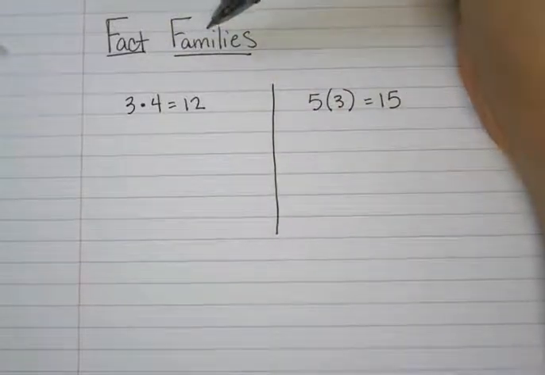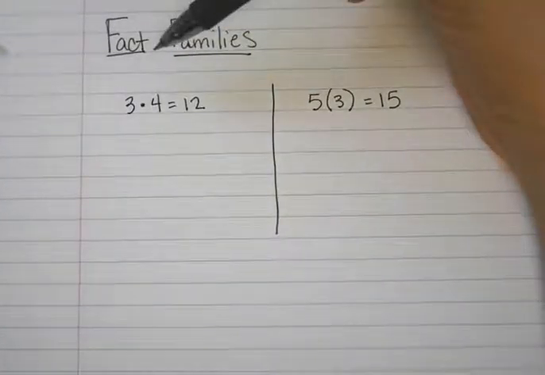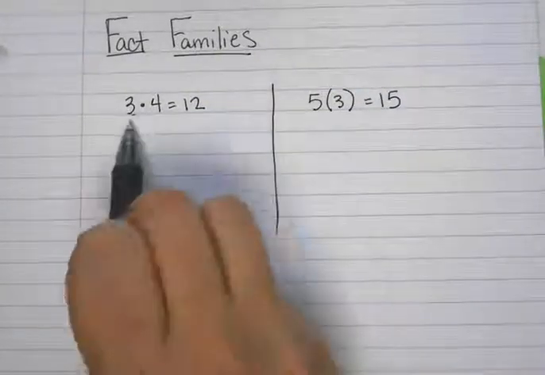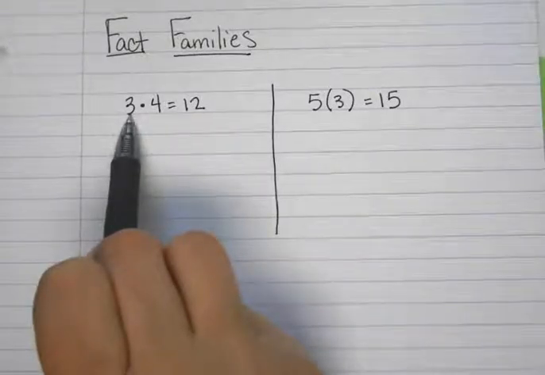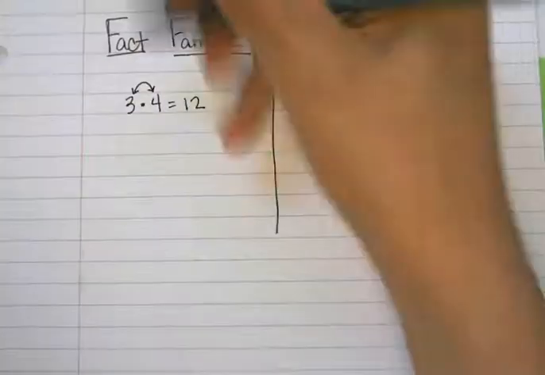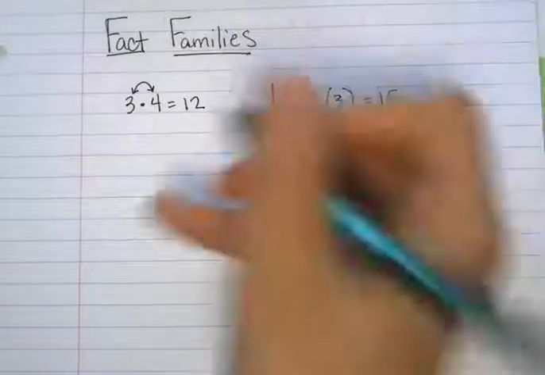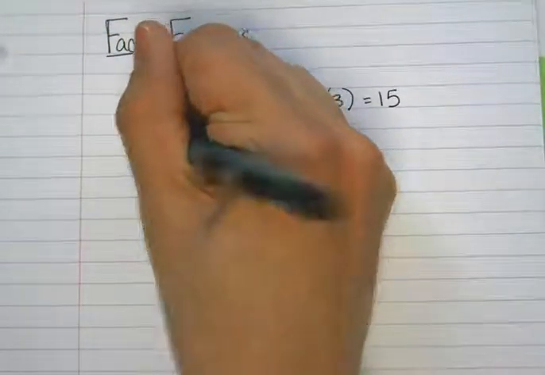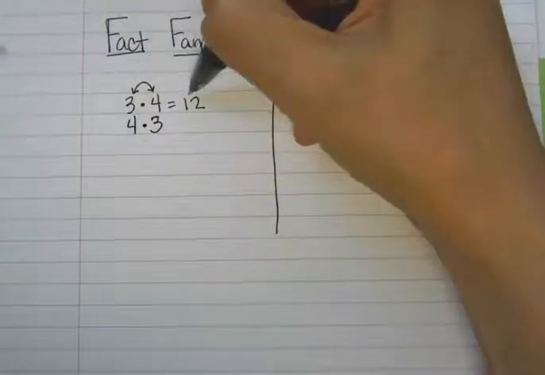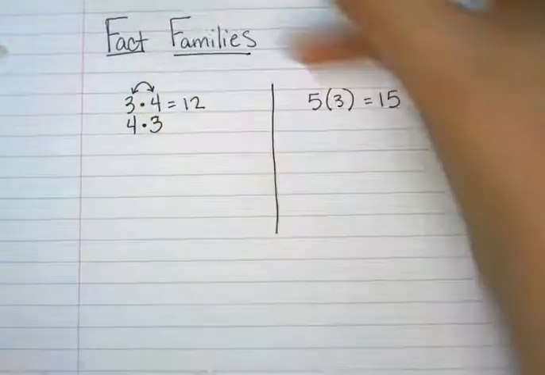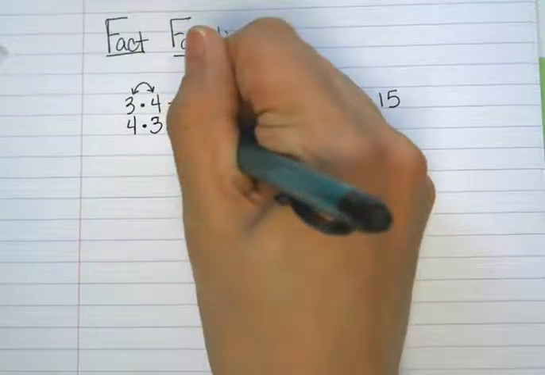Now, fact families just means that I can use the same numbers in multiple ways to make true mathematical sentences. So this says 3 times 4 equals 12.